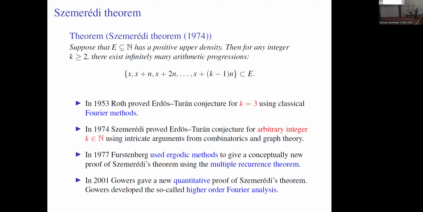And two years later, Furstenberg started to think about Szemerédi's theorem, and he gave a conceptual new proof by employing ergodic methods. He was able to interpret Szemerédi's theorem in ergodic language, so that now, thanks to Furstenberg, Szemerédi's theorem is a certain kind of multiple recurrence theorem in ergodic theory.